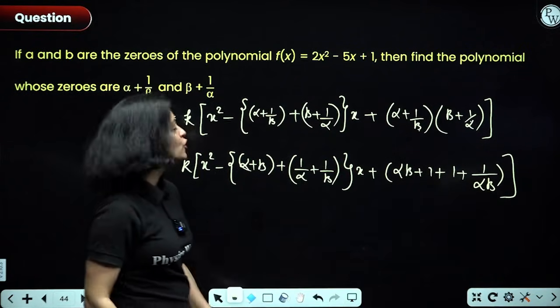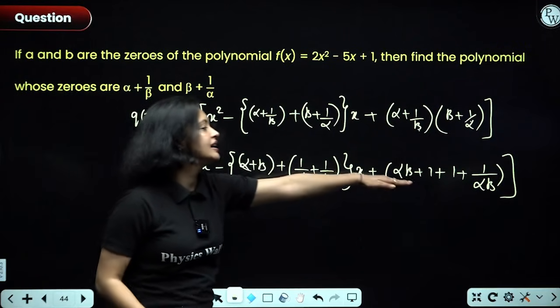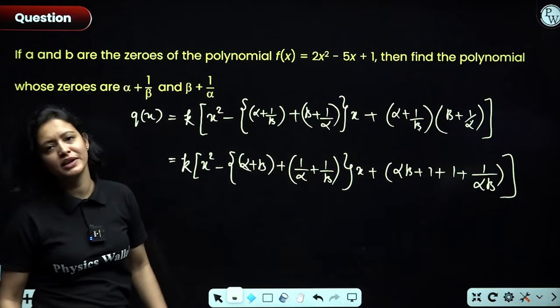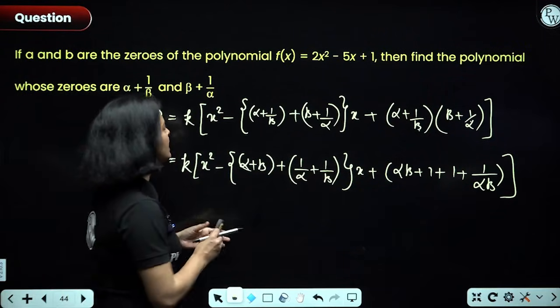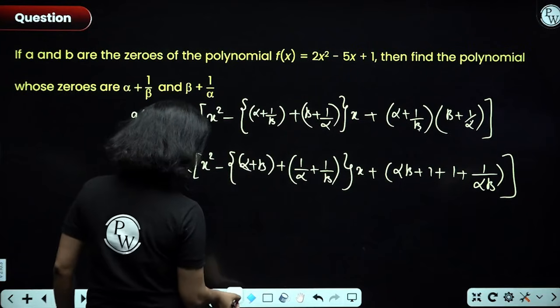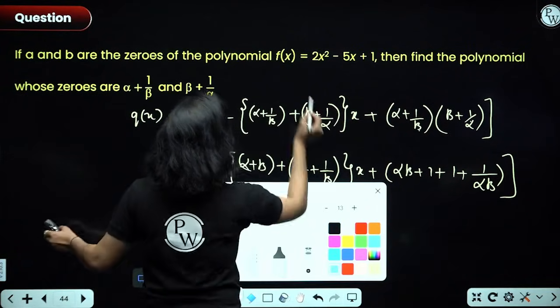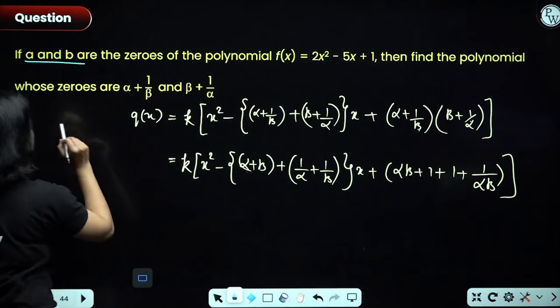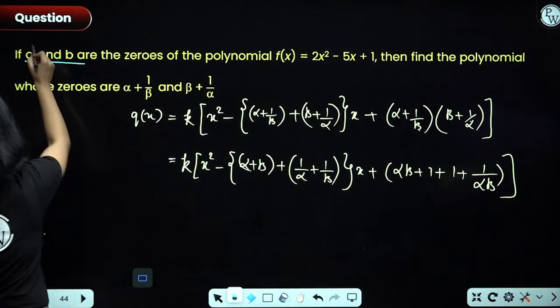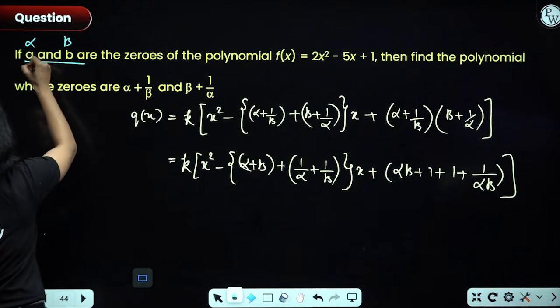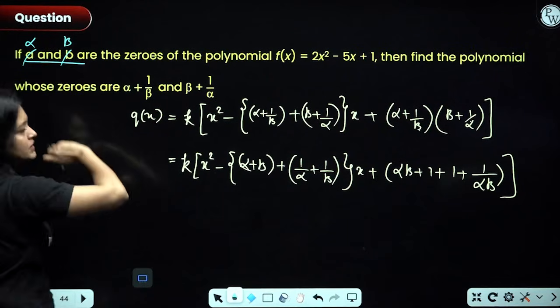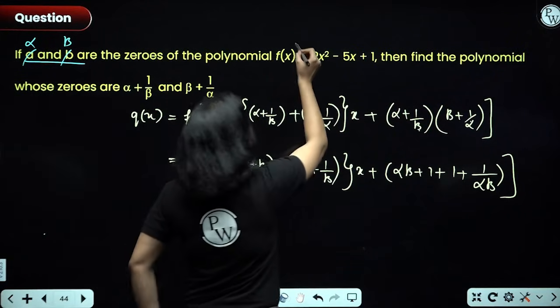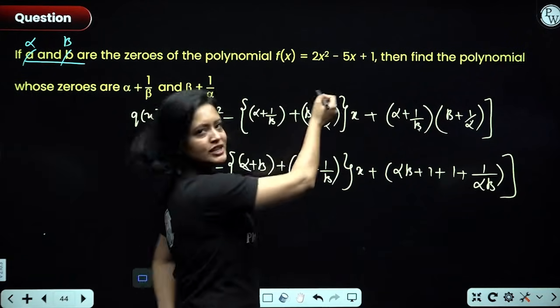Now, don't you know the value of alpha plus beta and 1 by alpha plus 1 by beta? You know, right? If you don't, I'll write it here for you people. See, the polynomial f(x) is given whose zeros are alpha and beta, everyone. So, this is alpha, this is beta. So, alpha and beta are the zeros of this polynomial, right?